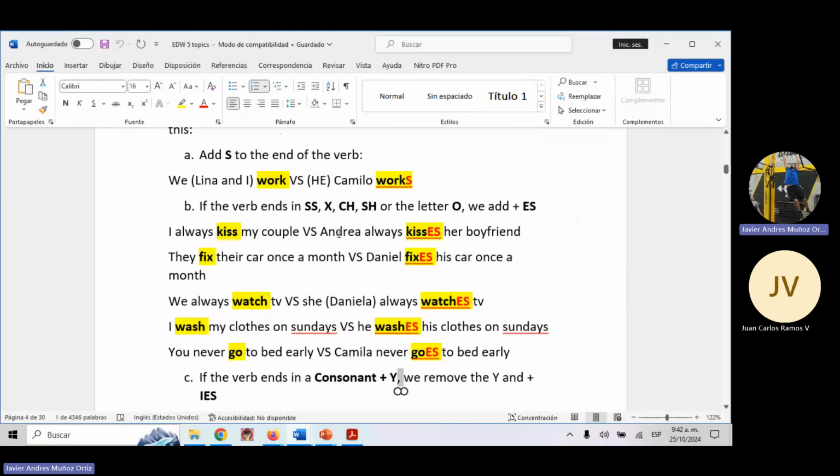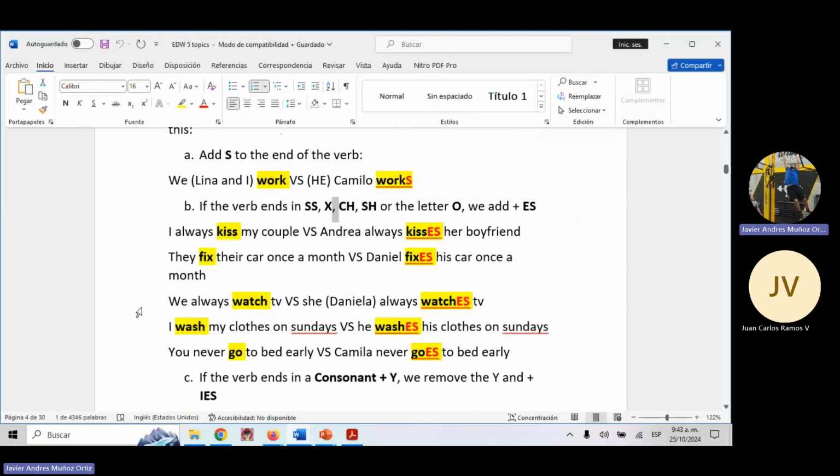We cannot say Andrea kiss her boyfriend, right? Because we're not going to understand, in both situations, in speaking and in writing, that we are modifying the verb. So we have to say kisses. We need to add a sound of vowel so we can understand that we are talking about a woman, a man, or an animal who is performing an action.